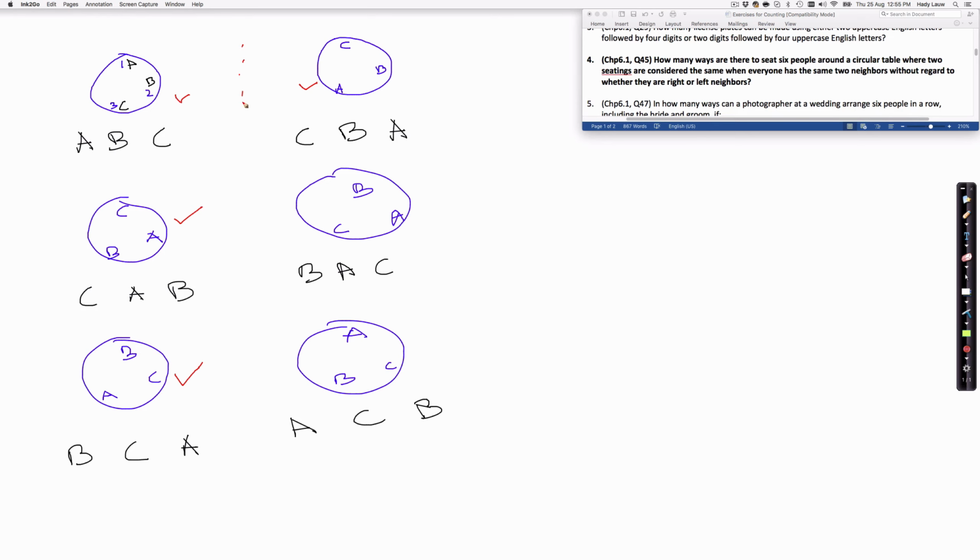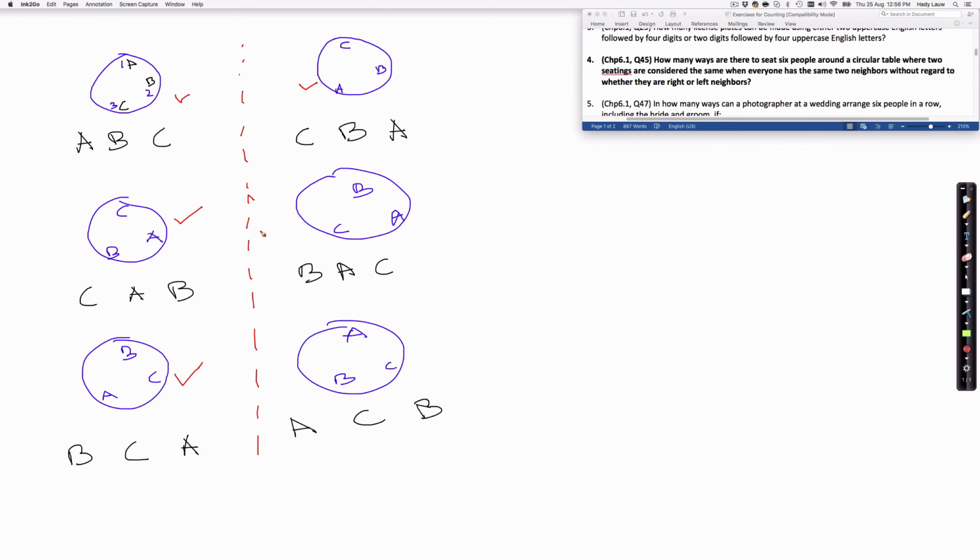But we don't actually care about this, because we say that as long as they have the same 2 neighbors, without regard to whether they are on the right or the left, each of these are mirror images. This is CAB going clockwise, this is CAB going anti-clockwise, but essentially all the neighbors are the same.